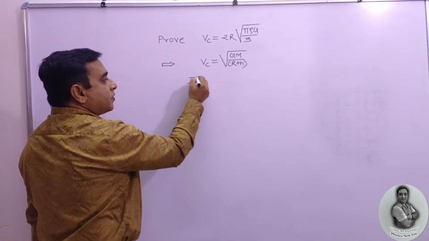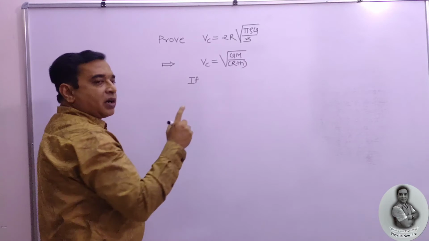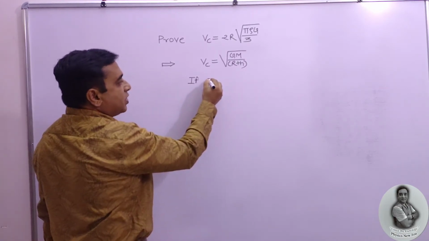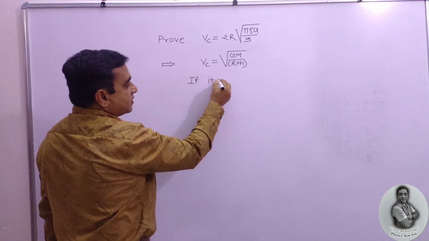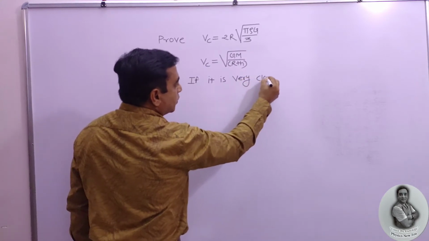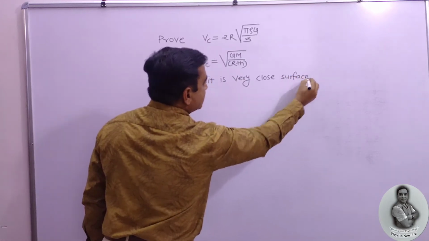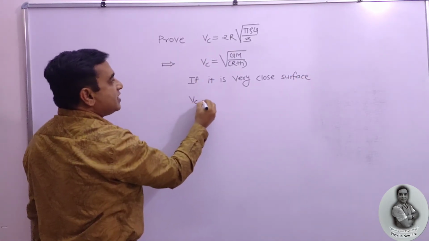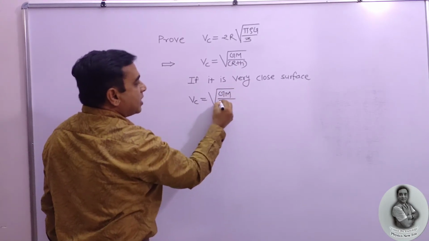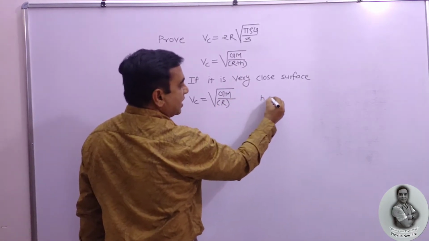If any body which is revolving around that planet, or a satellite which is revolving around that one, is very close to the surface, then this equation becomes Vc is equal to under root of GM upon R. What about h? h is neglected.